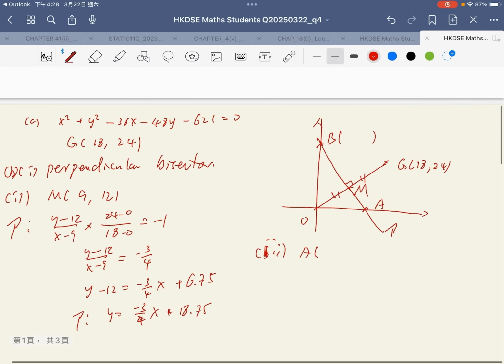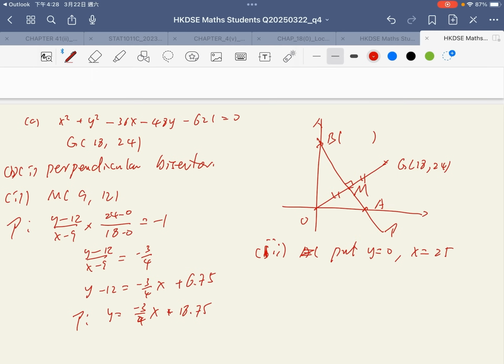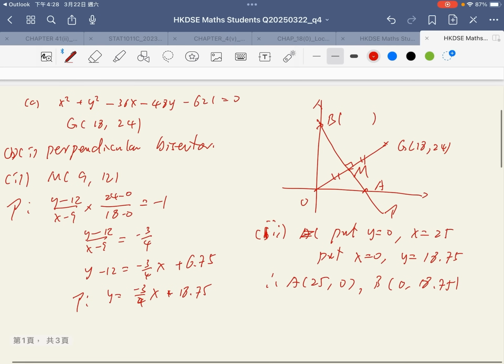For A, put y equal to 0. Then x should be equal to, this is a very nice number, 25. And put x equal to 0, then y equals 18.75. Therefore, the coordinate A is (25, 0), and the coordinate B is (0, 18.75).